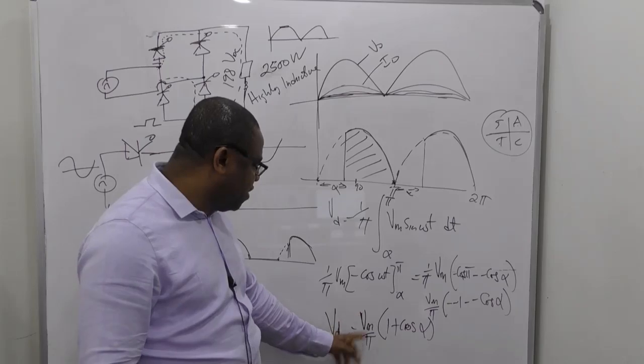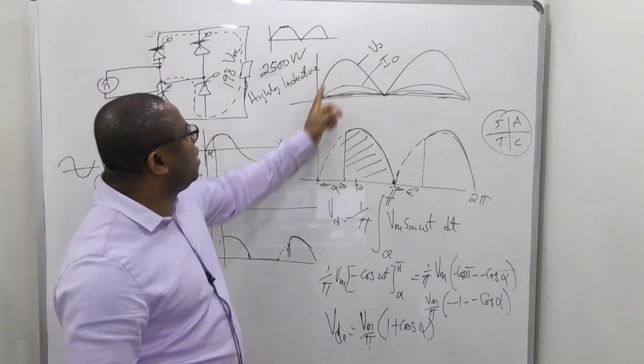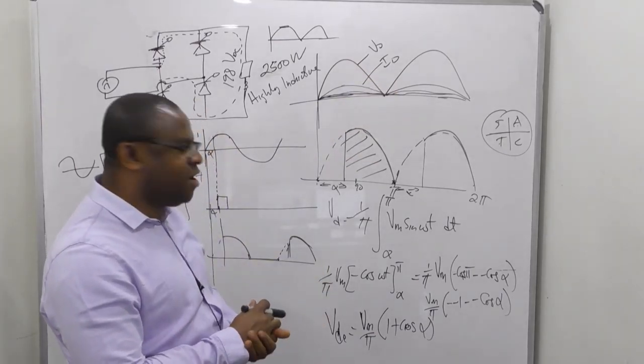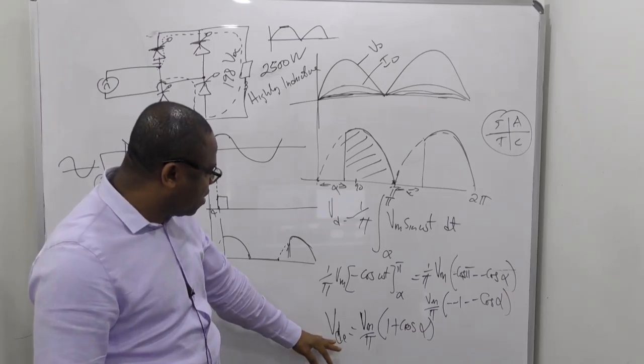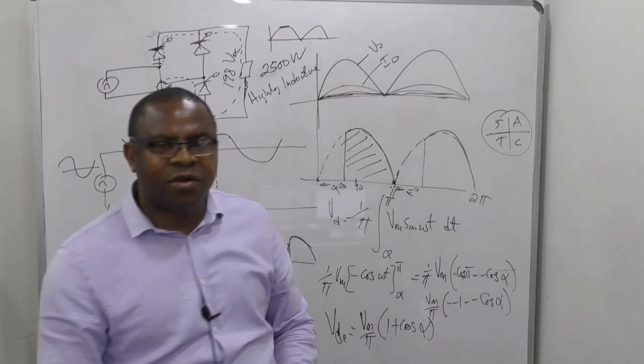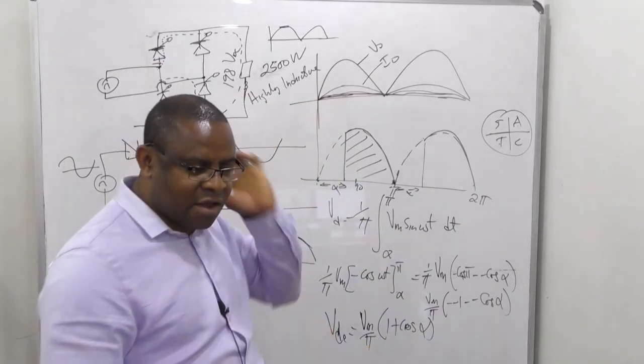It becomes 2 Vm over pi, which is our original equation for that, right? All right, so for a controlled rectifier, we can use VDC is Vm over pi into 1 plus cos alpha. Remember, you might be asked to derive that, okay?